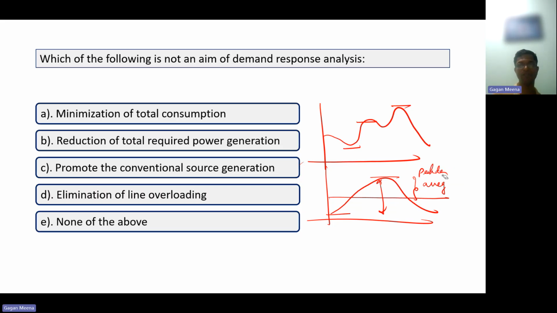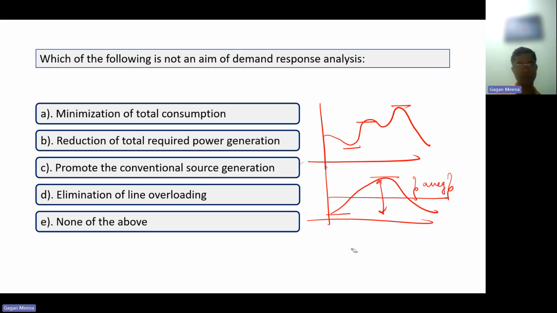And this difference between the average and the peak governs the installed capacity, right? We always want to have the peak approximately equal to the average. We want the average demand to be equal to the peak demand.